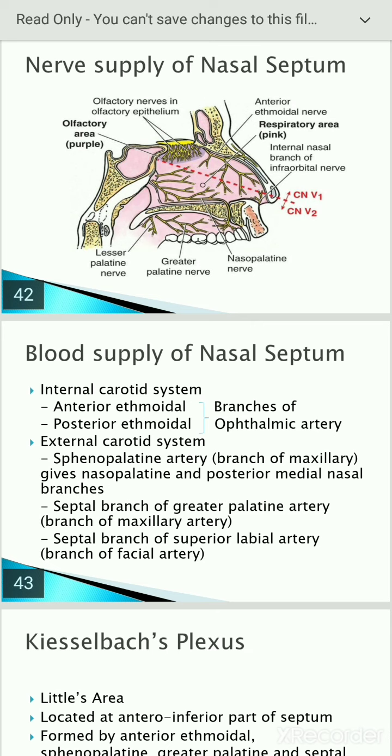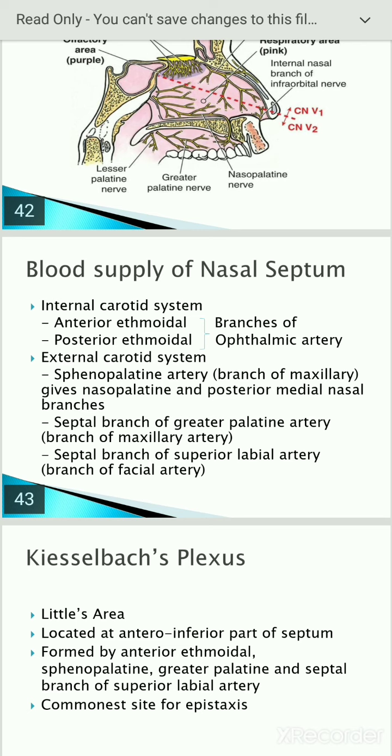What is the blood supply of the nasal septum? Here also both systems supply: the internal carotid system, anterior ethmoidal artery, posterior ethmoidal artery. These are the branches of the ophthalmic artery. And the external carotid system supplies via the sphenopalatine artery.